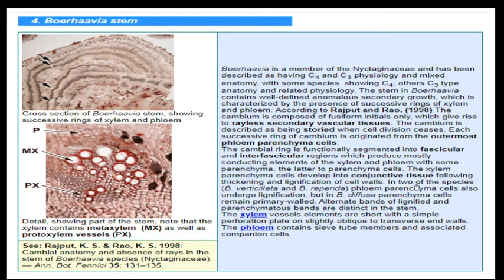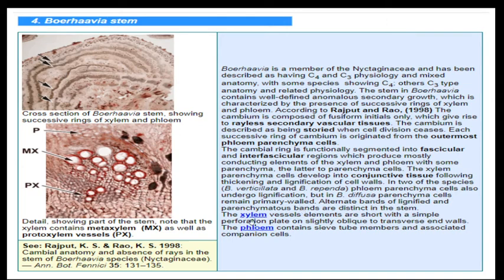In two of the species, Boerhavia verticillata and Boerhavia repanda, we see such lignification. Phloem parenchyma cells also undergo lignification, but in Boerhavia diffusa, parenchyma cells remain primary walled. Then alternate bands of lignified parenchymatous tissue are distinct in the stem.